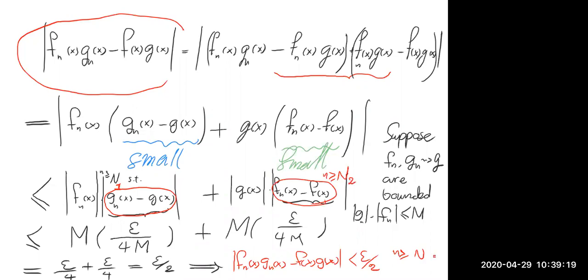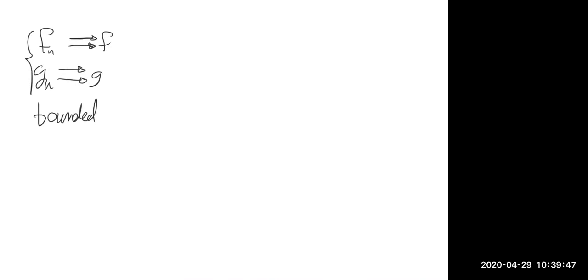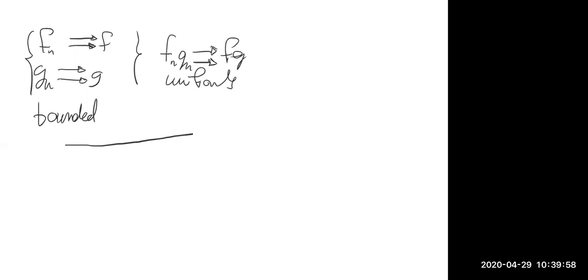The N which we end up with would be the max of N1 and N2, because we want both of these conditions to be true, and that gives us the uniform convergence. So we need an extra assumption. If Fn goes to F uniformly, Gn goes to G uniformly, and if Fn and Gn are bounded, then FnGn would go to FG uniformly. But if they are not bounded, then it's not correct.